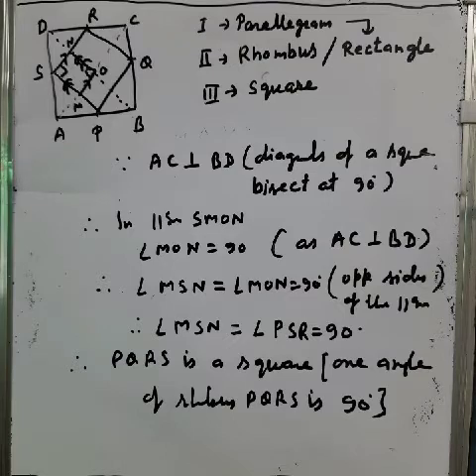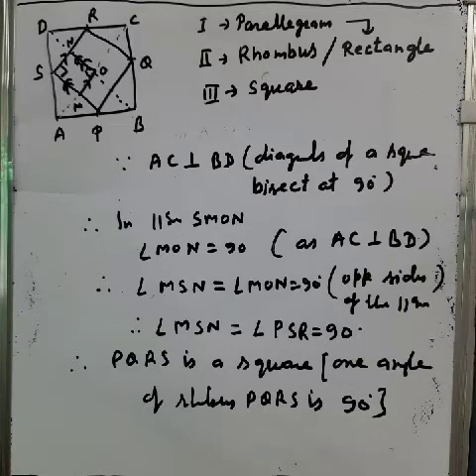If you have to prove a rectangle, then after proving it is a parallelogram, you need to prove it is a rectangle by the same way. Clear? So after 3 steps we have proved PQRS is a square, hence proved. So hope you have understood how to prove the inner quadrilateral is a square. If you have to prove the inner quadrilateral is a parallelogram, only the first step.